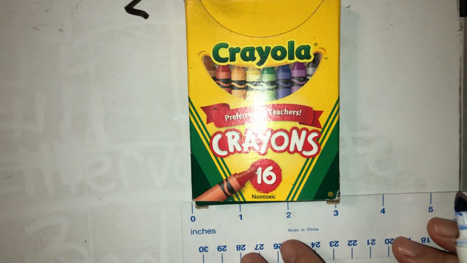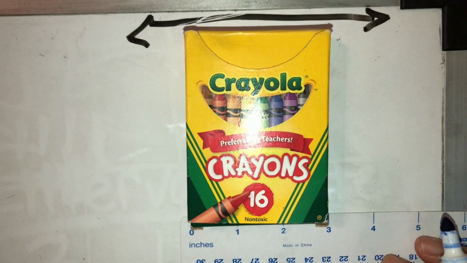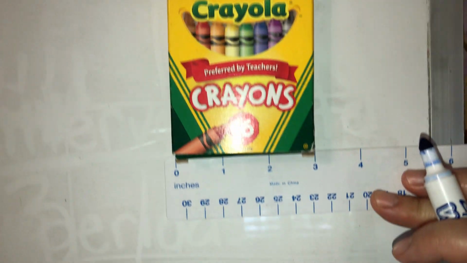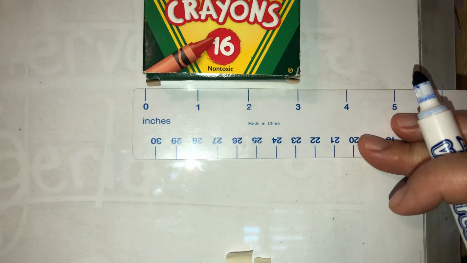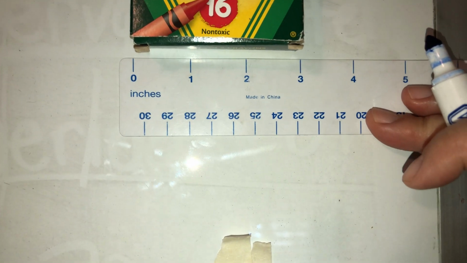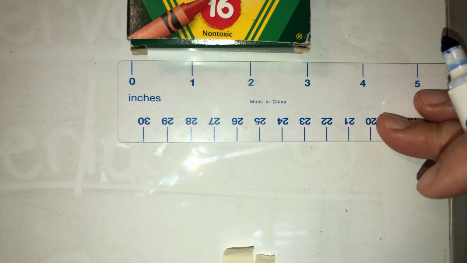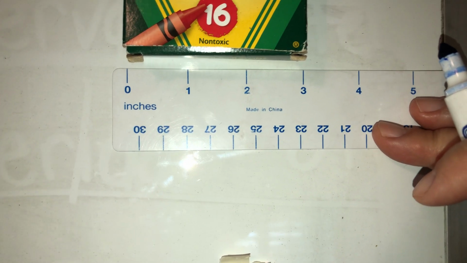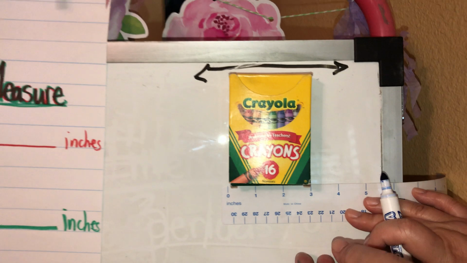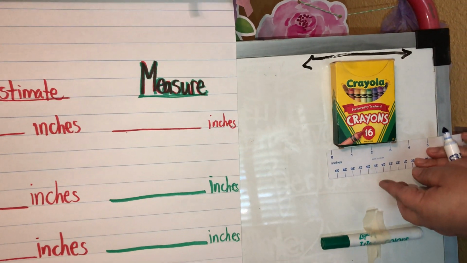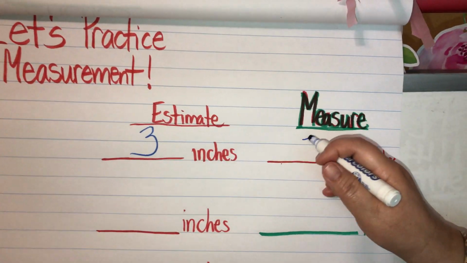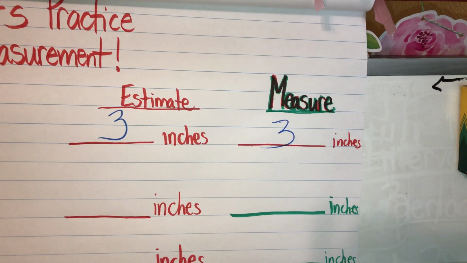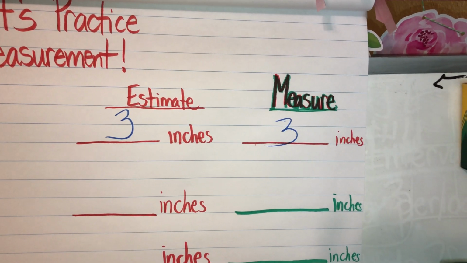I'm going to line it up with the 0, and I'm going to see where the Crayola box ends, and it ends very close to the 3. So I was pretty close. Yes, it's not exactly 3, but it's very close to 3. So I'm going to say that this crayon box is 3 inches wide.